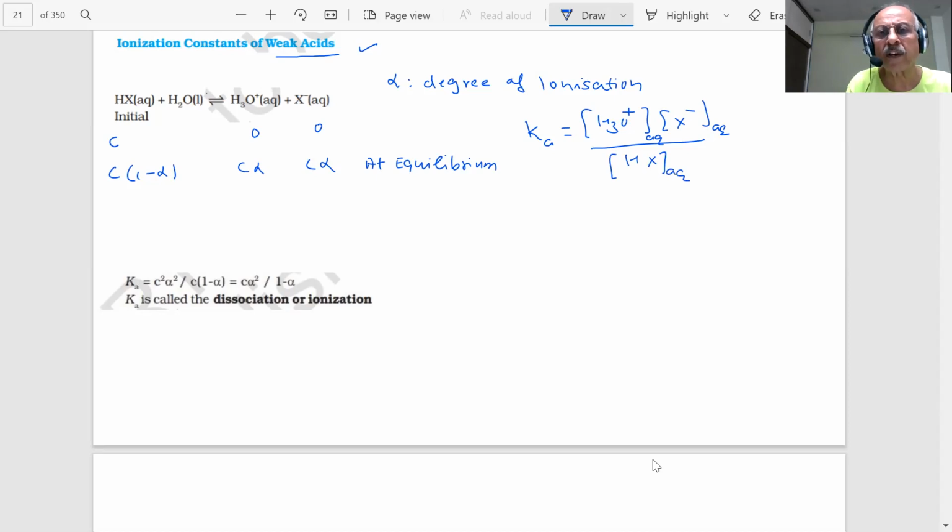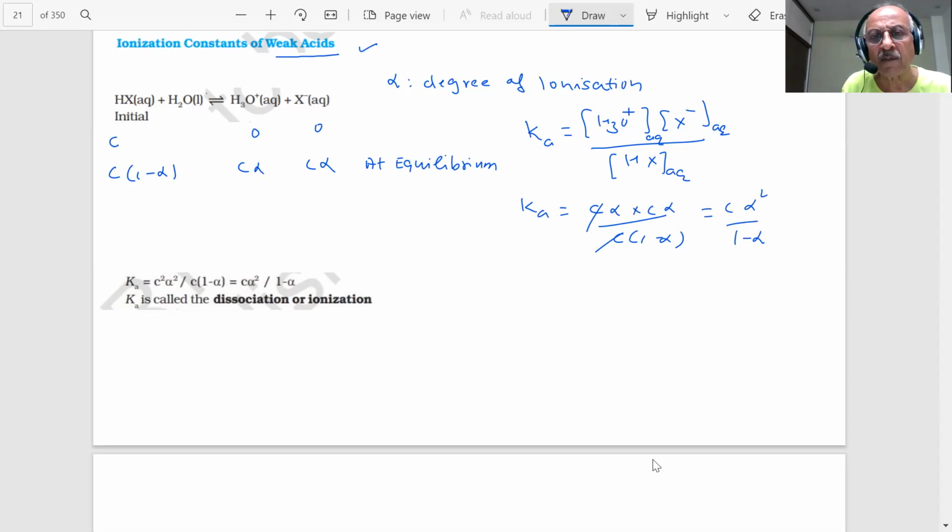Since water is taken as a constant because its concentration is very large here, this Ka is called the dissociation or ionization constant of a weak acid. If we substitute the values, you will get C alpha into C alpha divided by C(1 minus alpha). C cancels: C alpha squared divided by 1 minus alpha.